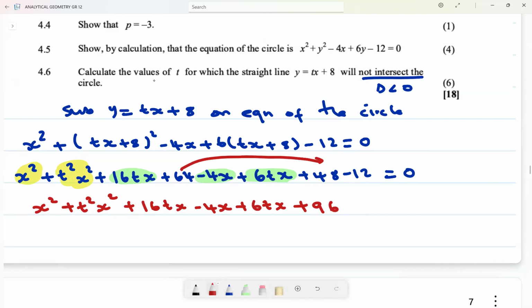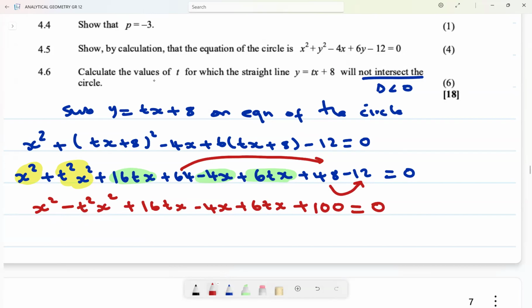Let me see if I do not make any mistake. 36, okay, this is 36, not 32. So it's 100. So I can group these ones, and I want this to be in the format of ax squared plus bx plus c.